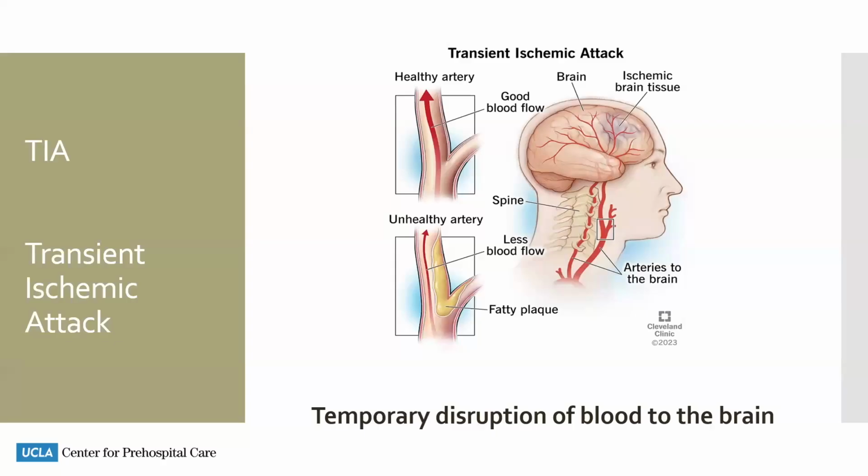So in a transient ischemic attack, there is temporary disruption to the brain. Because of the same old thing, right?